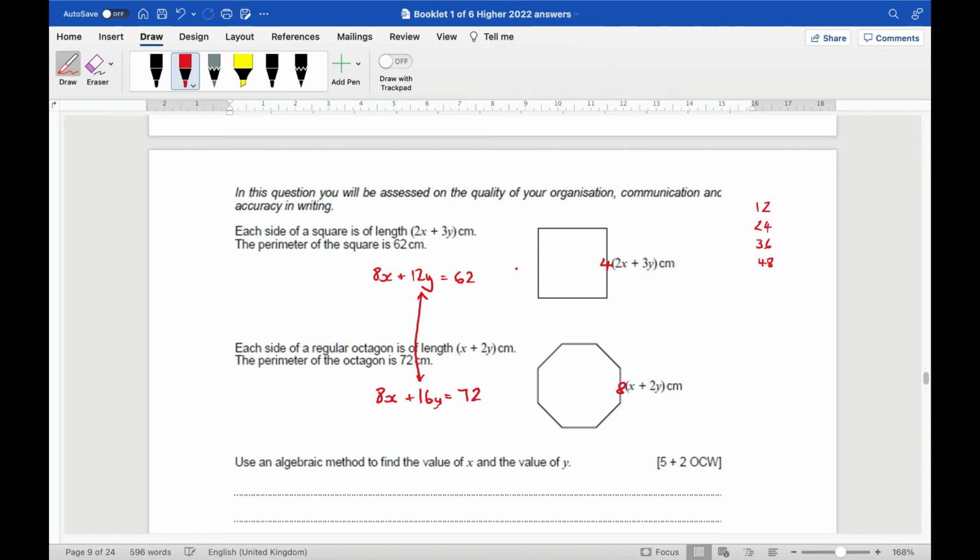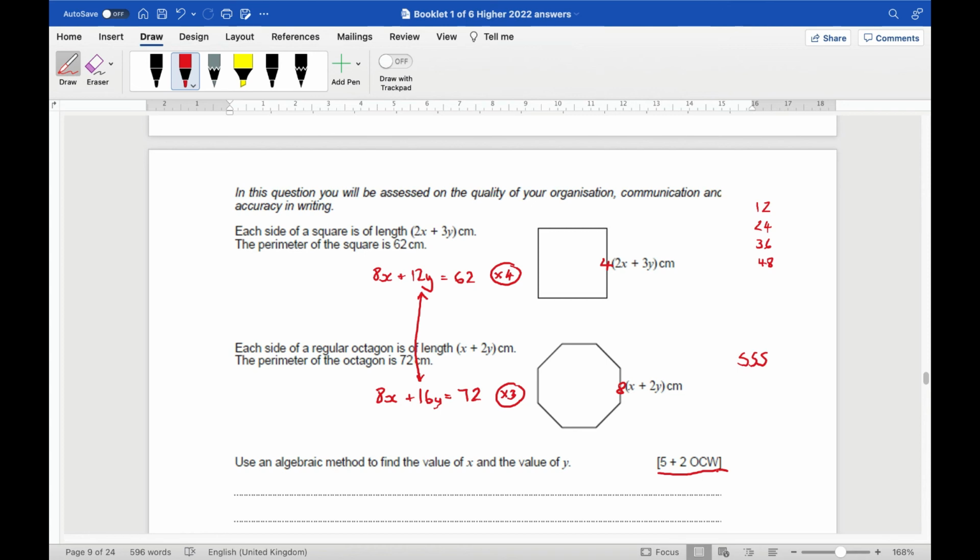So this one we're going to times by 4 to make the y's 48, and this one we're going to times by 3 using your calculators to make the y's 48. Then same signs subtract. Be neat.